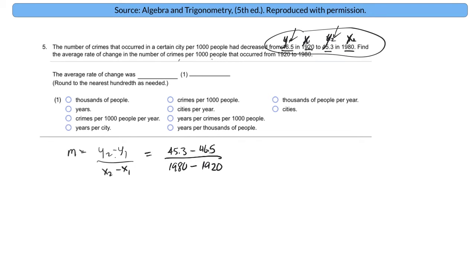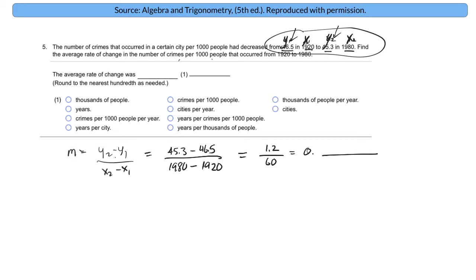Okay, so if I subtract these, what does that give me? 1.2 over, subtract these, I think that's 60. So now divide those two and you get 0 point something, and that'll be your rate of change.